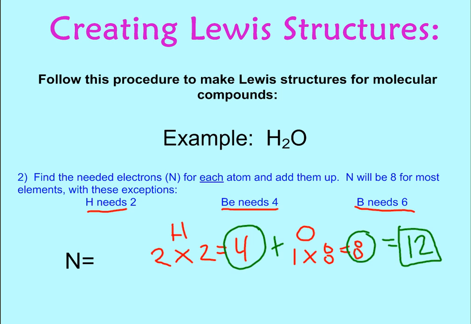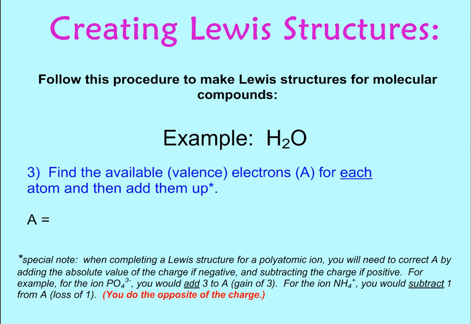12 needed electrons. Step 3, find the available valence electrons, which is A, for each atom and add them up. The available electrons are the valence electrons. There are 2 hydrogens, and they each have 1 valence electron. Remember, I taught you that yesterday, how to get your valence electrons.